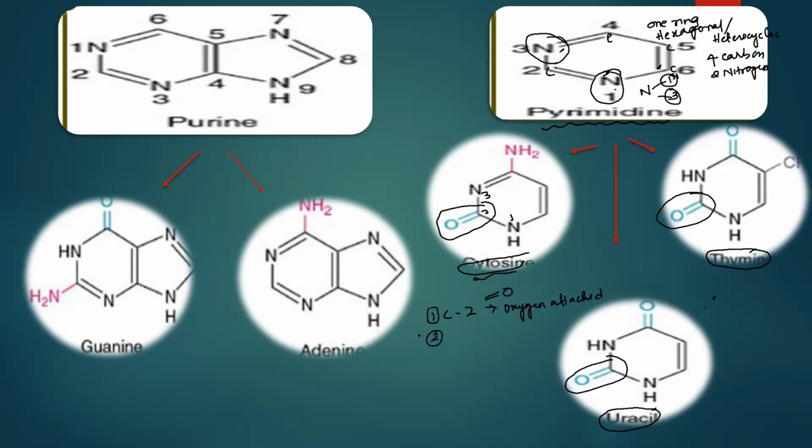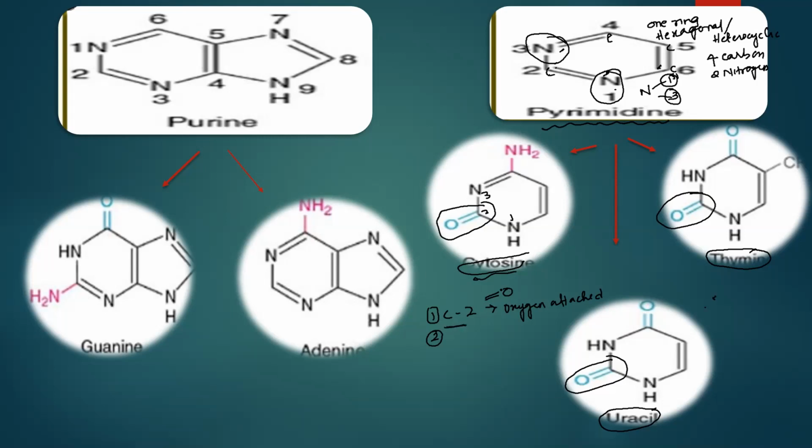Next, the three nitrogenous bases differ in the functional group present on carbon 5 and the presence of a C double bond or an NH2 group at carbon 4. You can see here it is similar: all of them have a double bond O at the C2 carbon position.